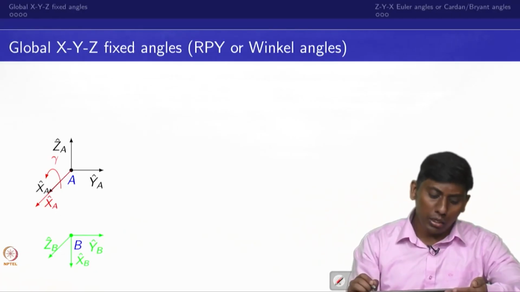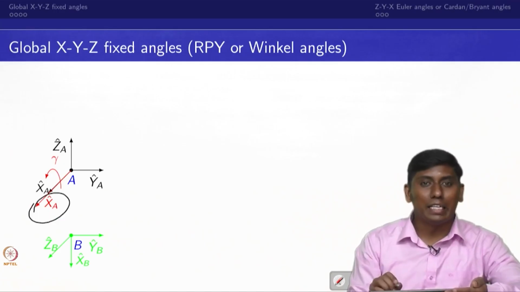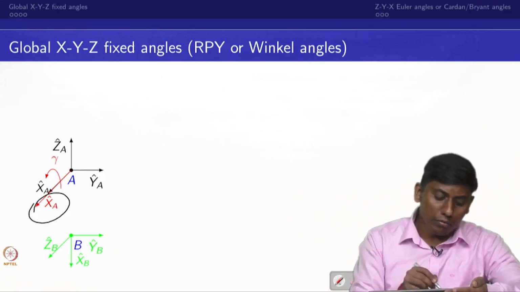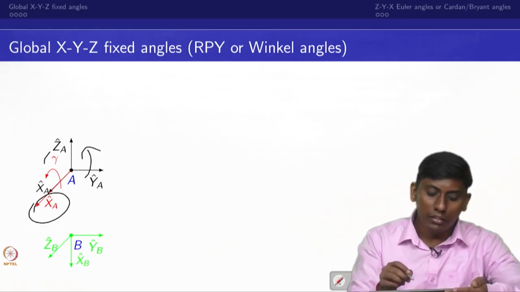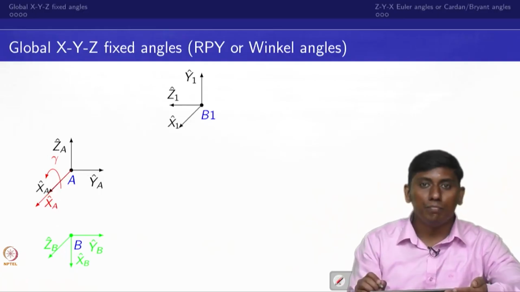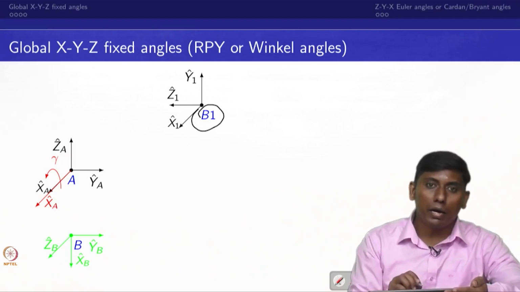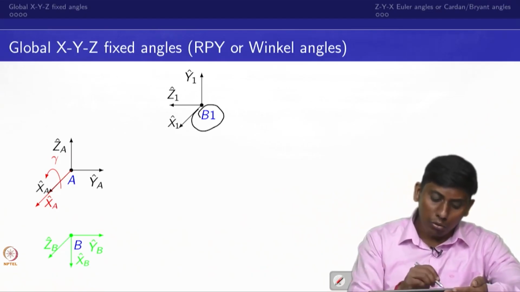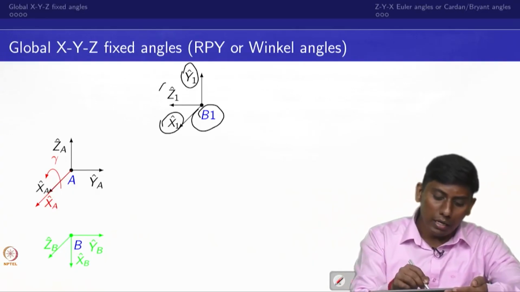We are trying to rotate by a gamma angle with respect to xa cap. What it will do is take this here and this goes here, so I will get a new coordinate, which I am calling B1. I took xa cap as the reference and rotated, so now I got a new frame with x1, y1 and z1.